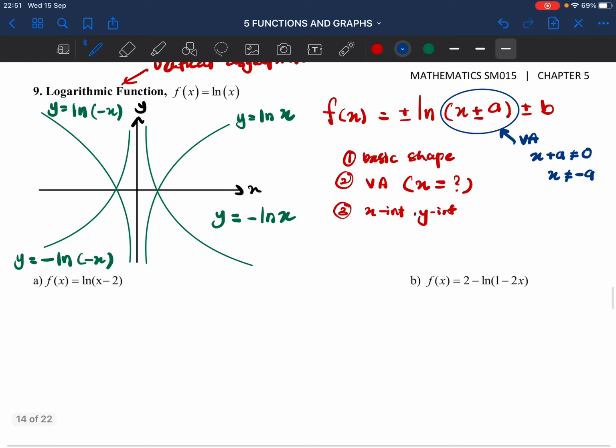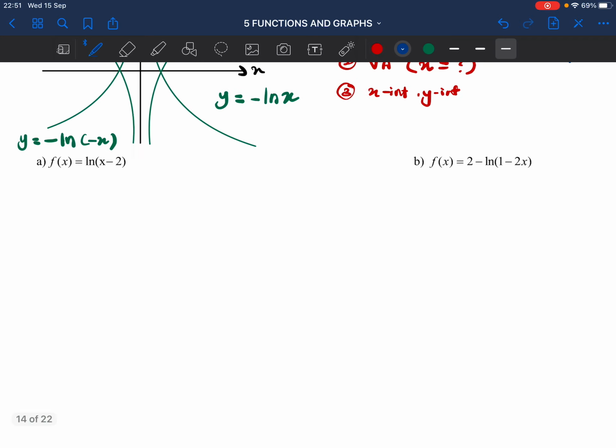Alright, so let's see question 1. We have f(x) equals to ln(x minus 2). First, let's decide our basic shape. So kita tengok depan ln positif, depan x pun positif, which means dia berada di kuadran mana? Kalau x positif, y positif, berada di kuadran 1. Okay, tapi ingat kita tengah buat log function.